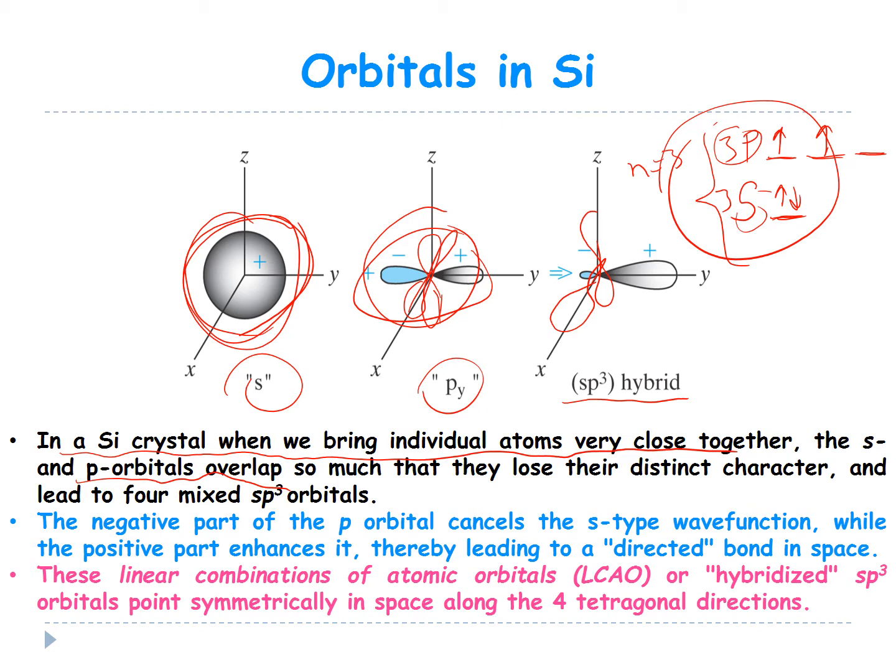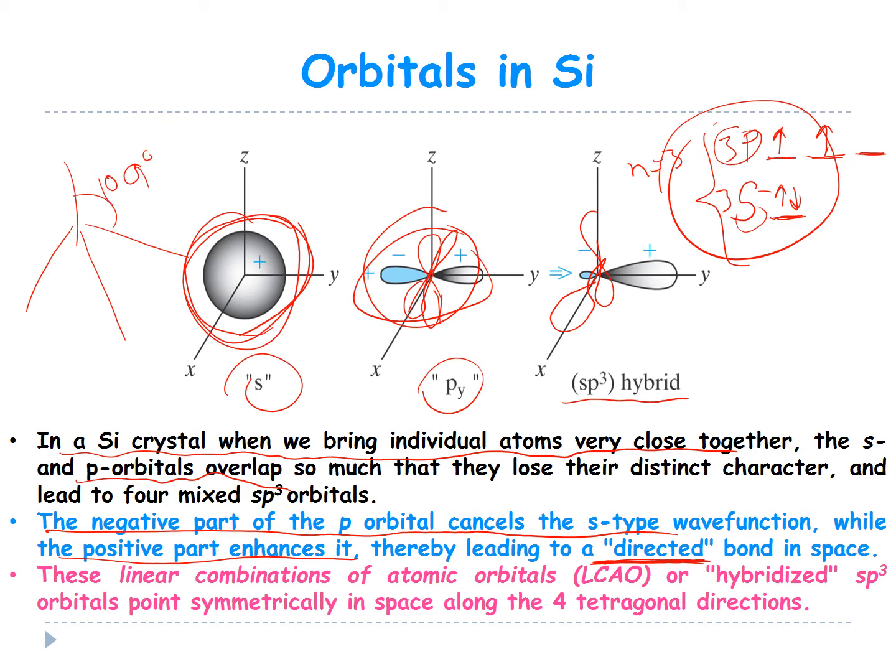The negative part of the P orbital cancels the S-type wave function, while the positive part enhances it, thereby leading to a directed bond. So they are very directive bonds in space. That's why we end up having this tetrahedral arrangement where each bond angle is something like 109 degrees, like that.